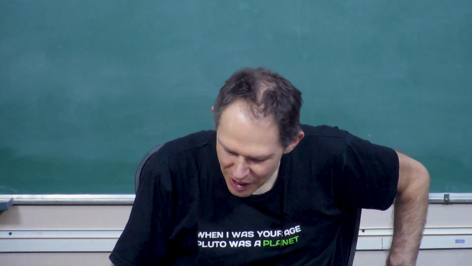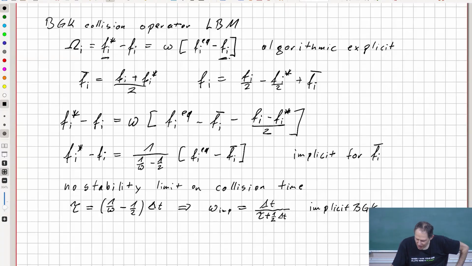Then they would discretize the Lattice Boltzmann equation in their mind properly, and they would get the so-called correct omega, which would be delta t by tau.